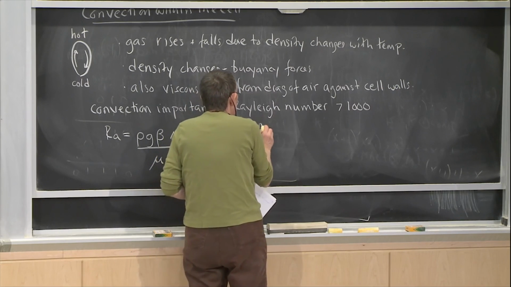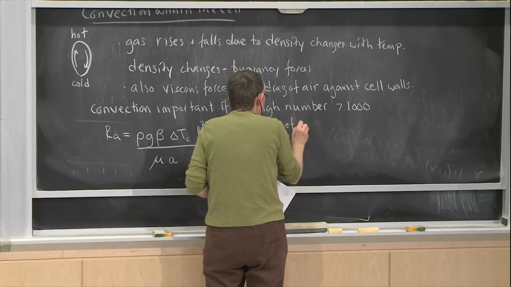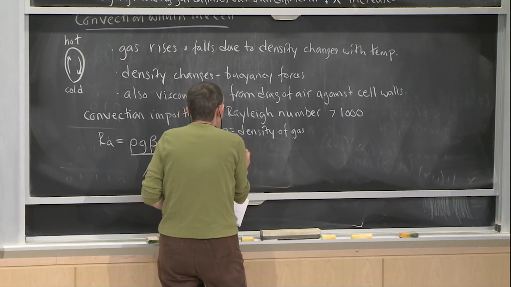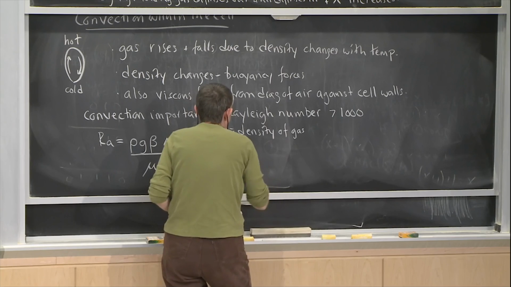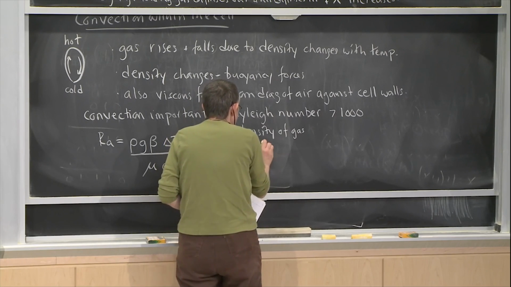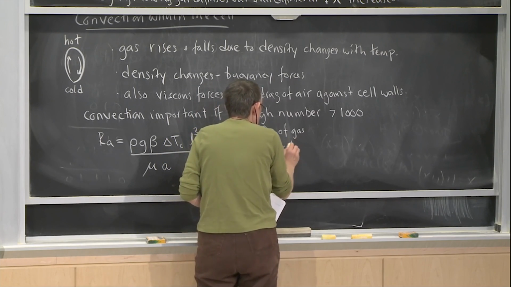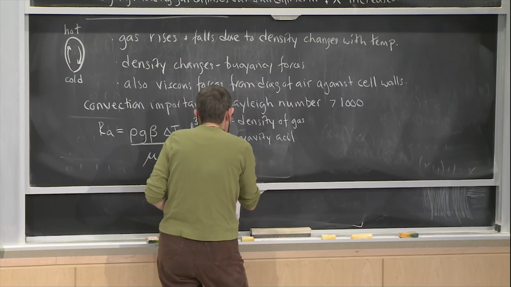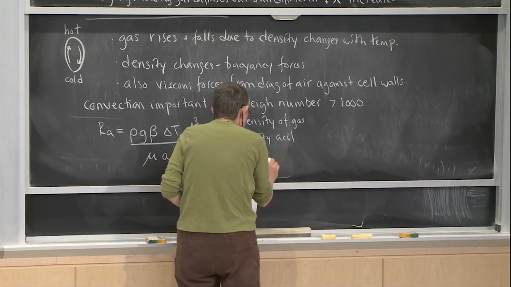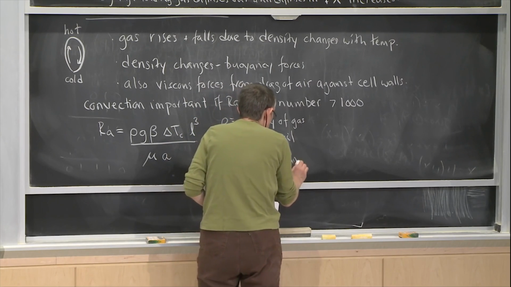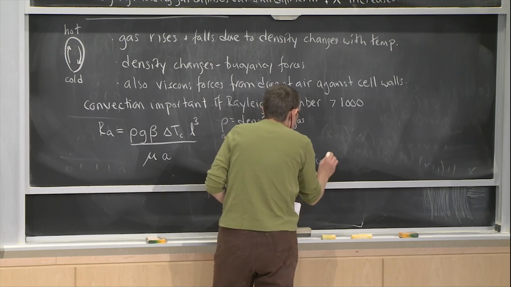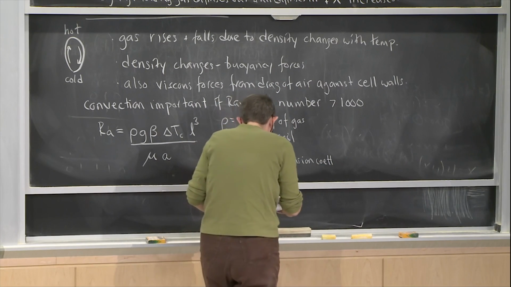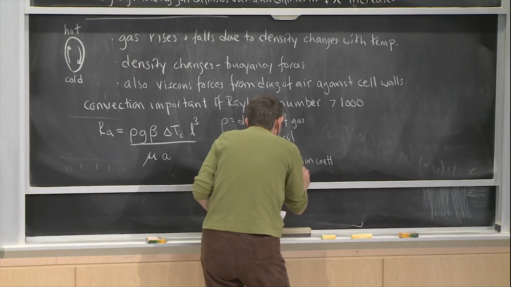So rho is the density of the gas. g is gravitational acceleration. Beta is the volume expansion of the gas. And for a constant pressure, that's equal to 1 over the temperature.